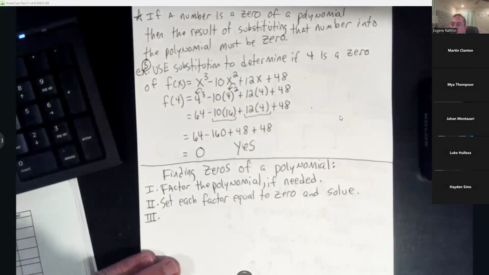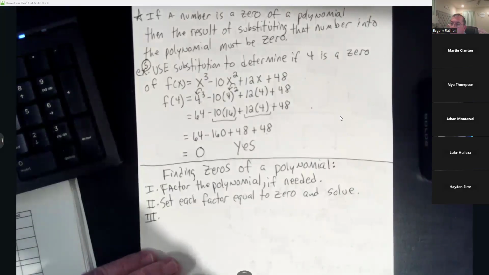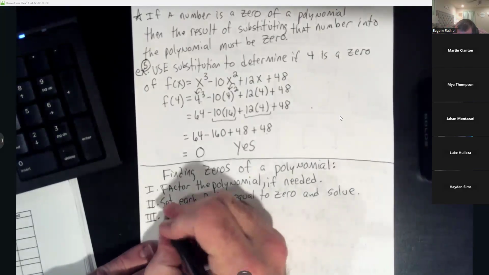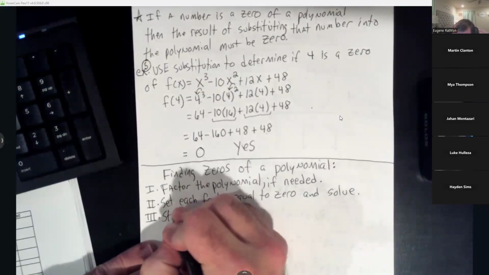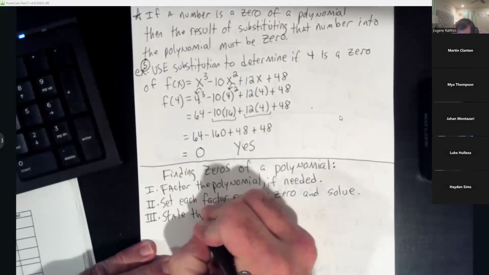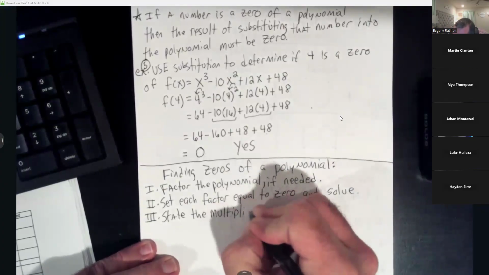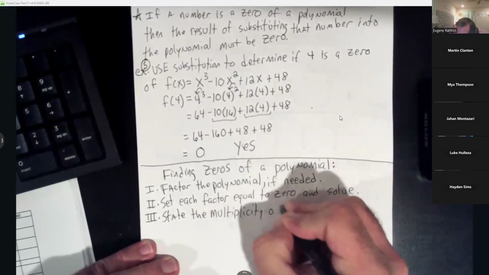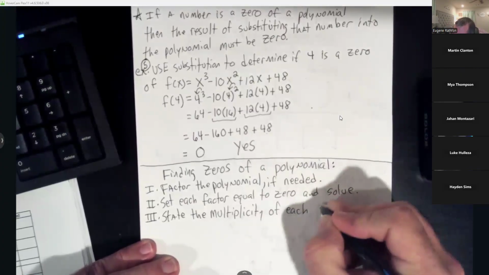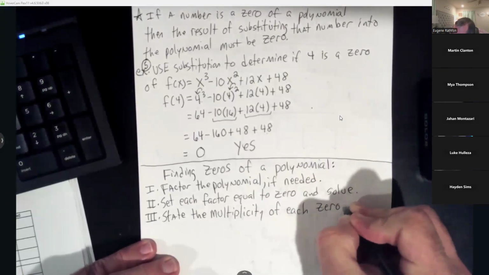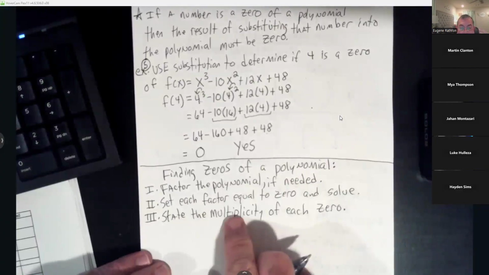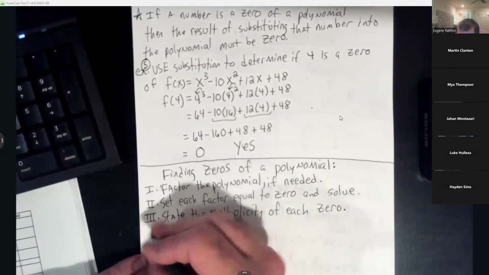So the next term you're going to learn is the multiplicity. So you're going to state the multiplicity of each zero. All right, so what is multiplicity, y'all?